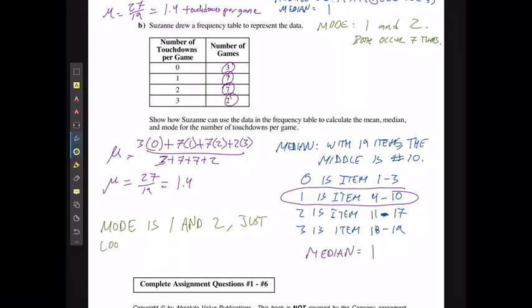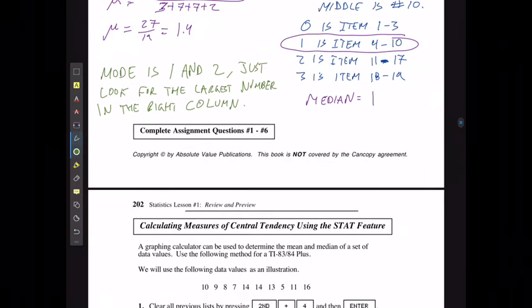Just look for the largest number in the right column. It seems pretty straightforward. Okay.